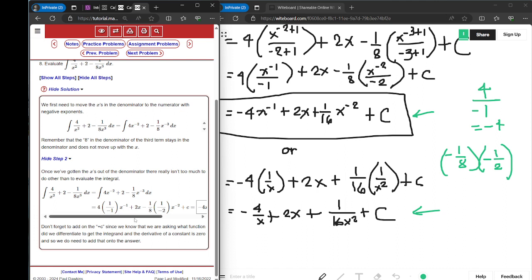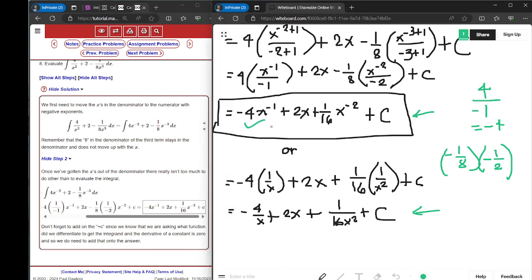Okay, let's go back and check. So we have negative 4, so Paul is writing his answer in this form: negative 4, x to the negative 1, 2x, 1 over 16 times x to the negative 2, and plus c. Yay, we got it correctly.